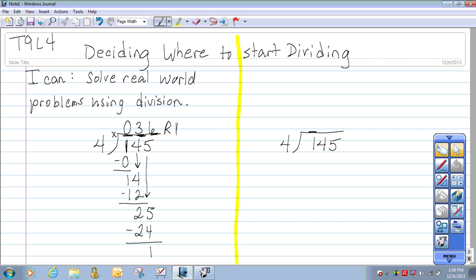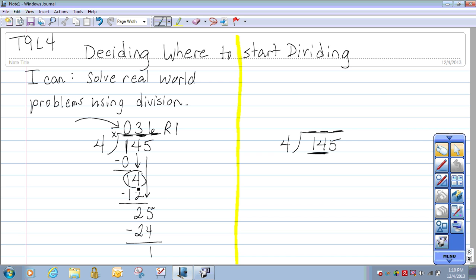Okay, you still have these 3 spaces that need to be filled, but that 0 doesn't have to be written. Instead of saying 4 will go into 1 0 times, you can just leave this blank. If you know that 4 will not go into 1, then you can use the next digit, because that's what we did here.